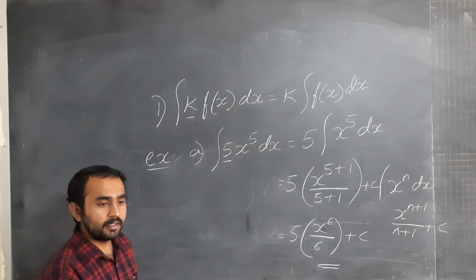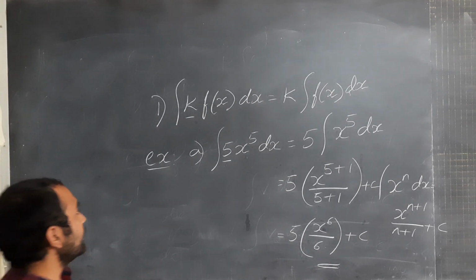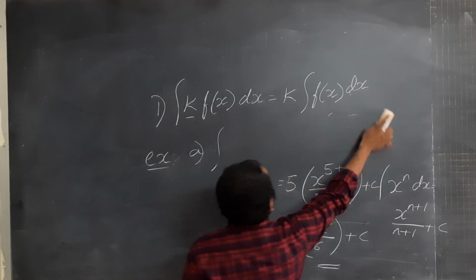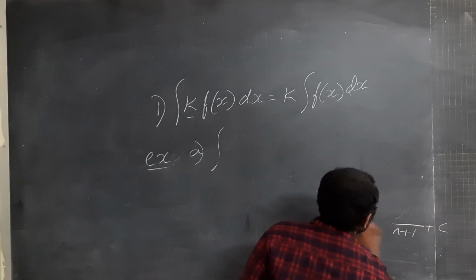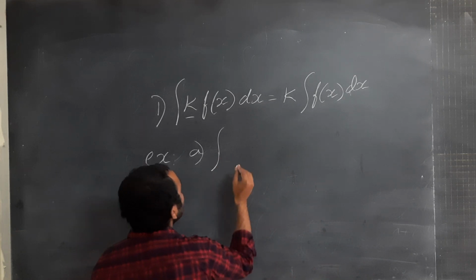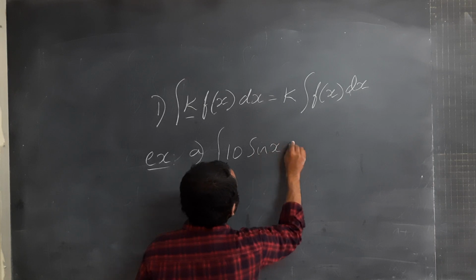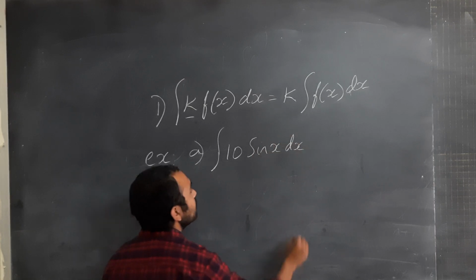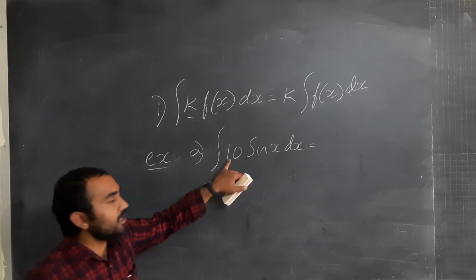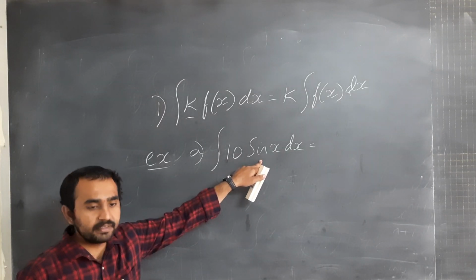Have you got it? Any doubt regarding this example? Look at another example. Integral 10 sin x into dx. Here the constant k is 10 and the function given is sin x.